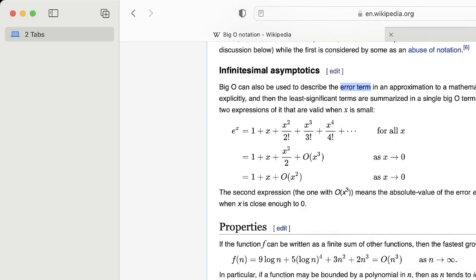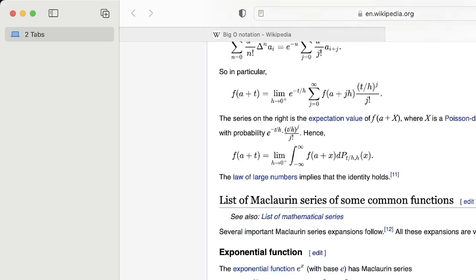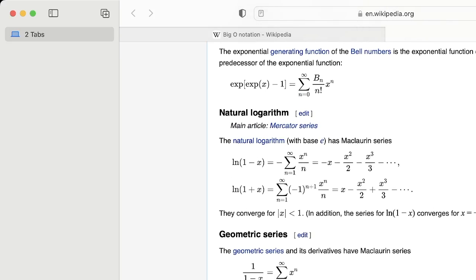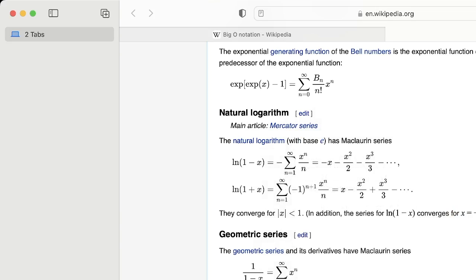And so I went to finite asymptotic study, and natural logarithms for the series, the type of series.